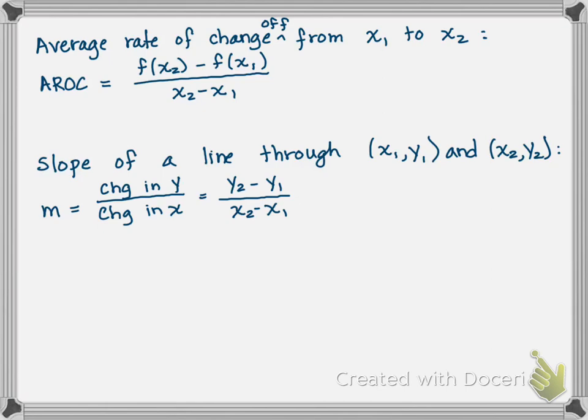I just wanted to show them to you so you can see that we have a lot of different ways of saying the same thing. And it's easy to get mixed up and be like, but which one am I doing? And it's like, well, you're really doing all of them. Whenever we ask you for an average rate of change, you're essentially finding a slope. Whenever we ask you for a slope, you're essentially finding an average rate of change.